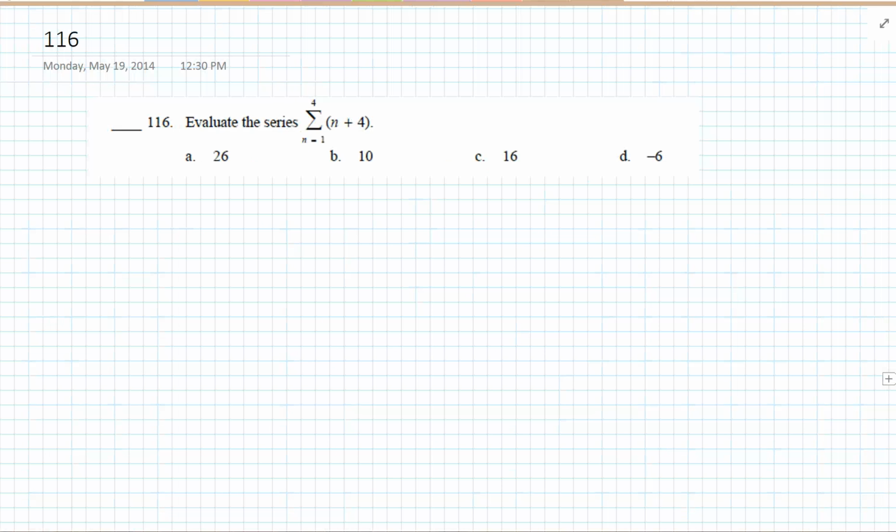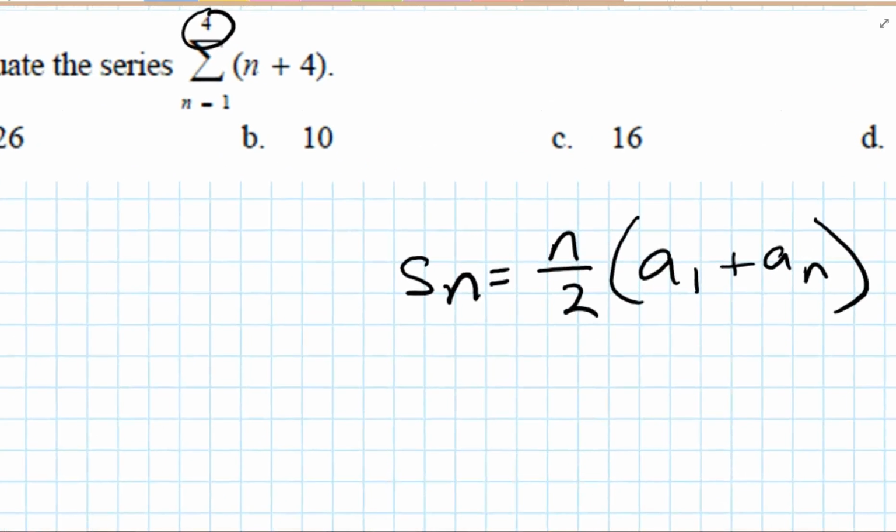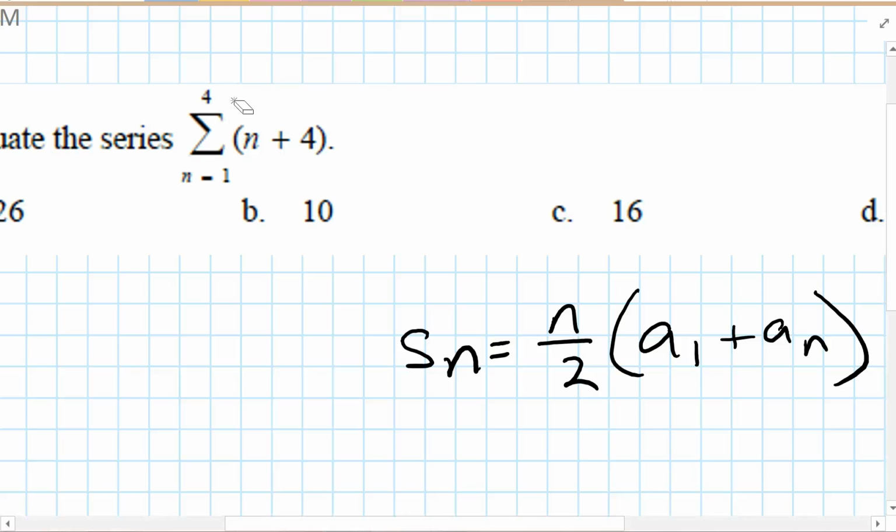116. Evaluate the series. Well, this is an arithmetic series, and to evaluate the series is code word for sum it. So the sum is n over 2 times the first term plus the nth term. It tells us our n value is 4. To find our first term, all we have to do is plug in our n value and solve. So 1 plus 4 equals 5. That's a1.